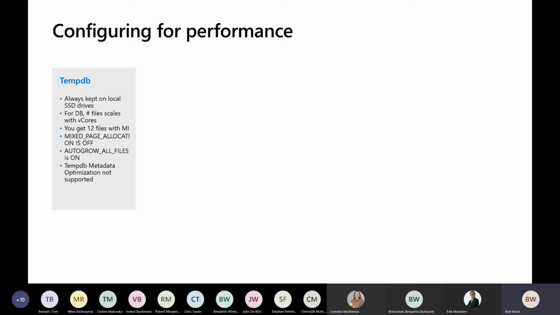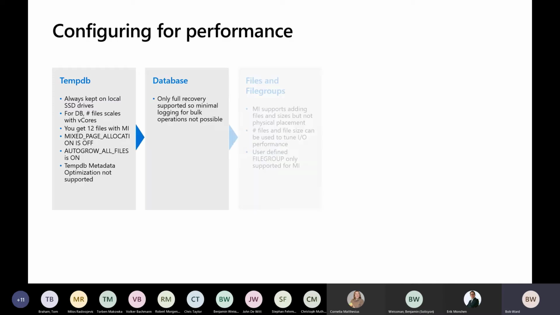And I mentioned that TempDB metadata optimization isn't supported yet. That's something we're certainly looking at. My perspective overall about TempDB is that I have found that pretty much we have configured things for you and your workload just works. You don't need to spend a lot of time worrying about TempDB configuration in Azure. That's been my experience with customers and my own testing of the options.